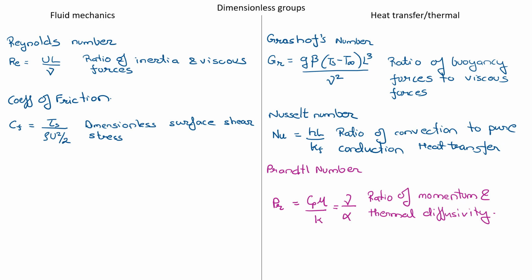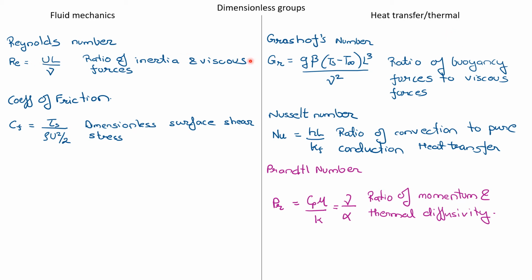So moving on to the dimensionless groups, I have divided the dimensionless numbers into two. On the left, we have all the dimensionless numbers we looked at in fluid mechanics, and on the right, we have the dimensionless numbers that you will come across in heat transfer, which are thermal related.